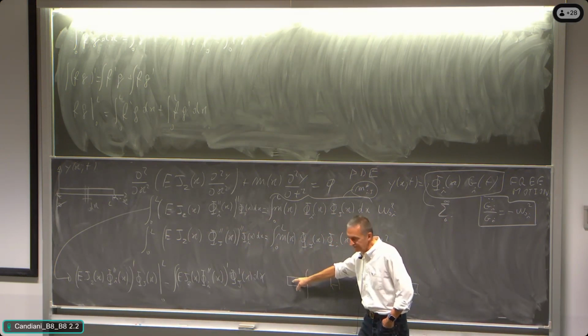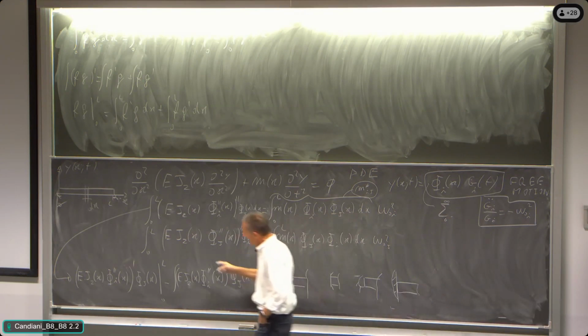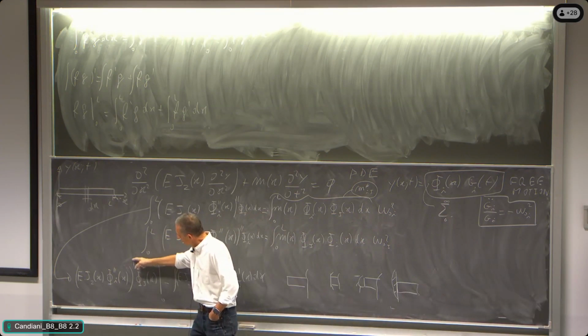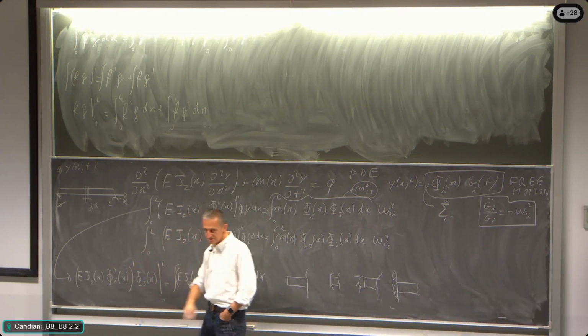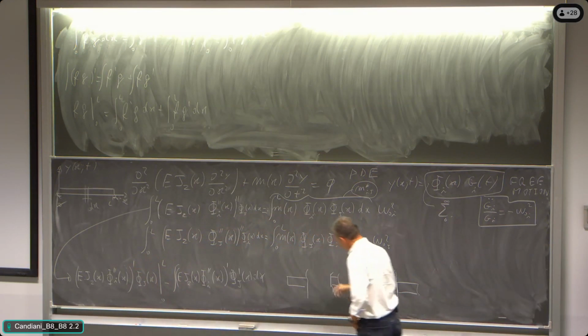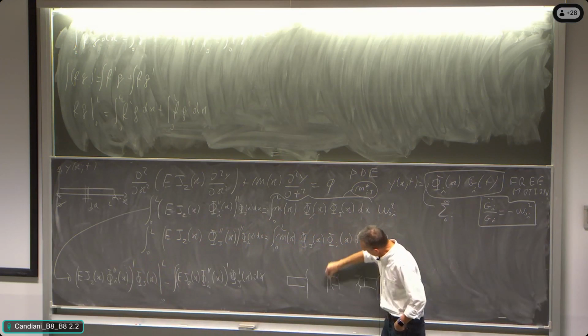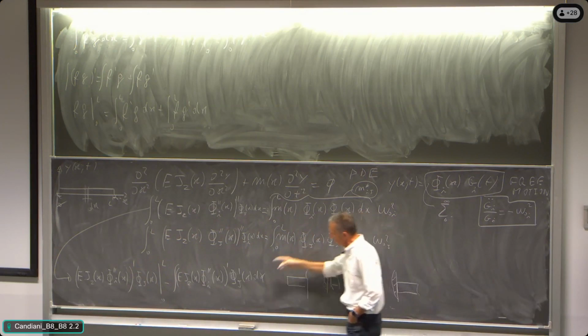If the beam is free, what happens? This is the shear. The shear is null, and so this quantity goes there. If the constraint is a constraint like that, again, the shear is null.